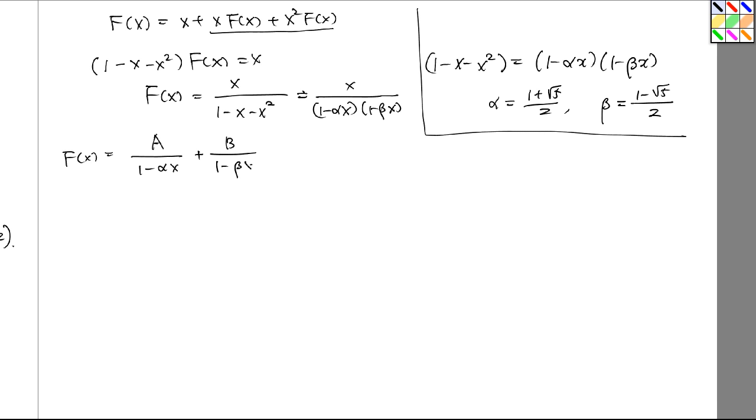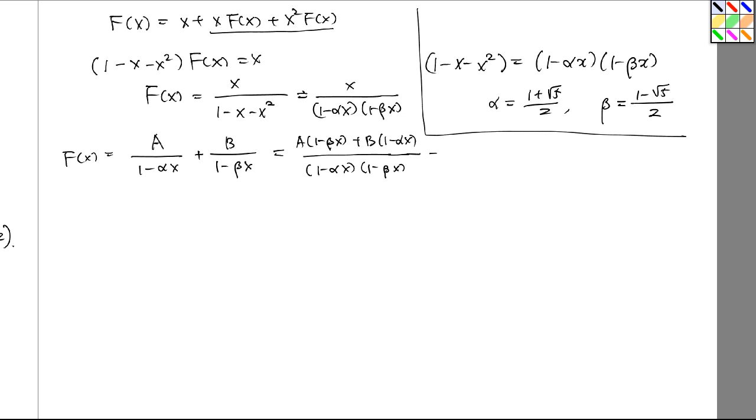We can find real or complex numbers, capital A and B, satisfying this relation. How can you find such A and B? We combine the two fractions, and the numerator is going to be A times 1 minus beta x plus B times 1 minus alpha x.